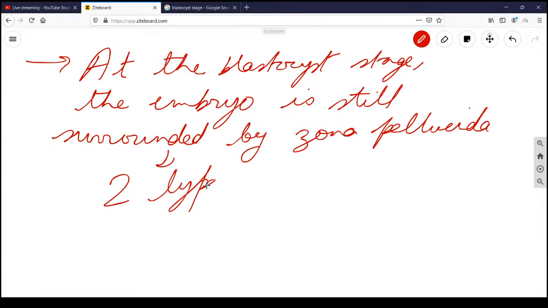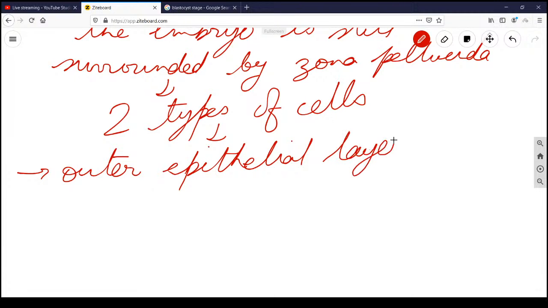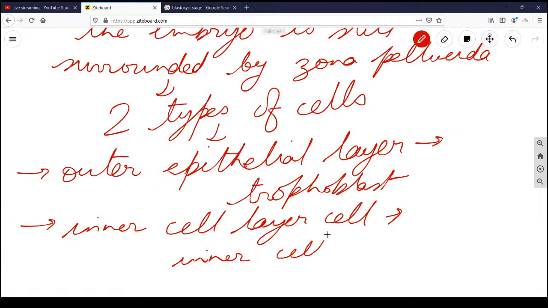So two types of cells are present: the outer epithelial layer, the trophoblast, and the inner cell layer, known as the inner cell mass. These are the two types of cells which are present.